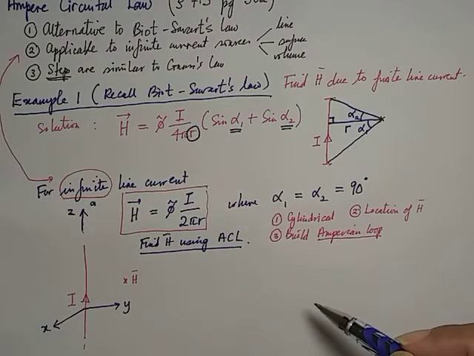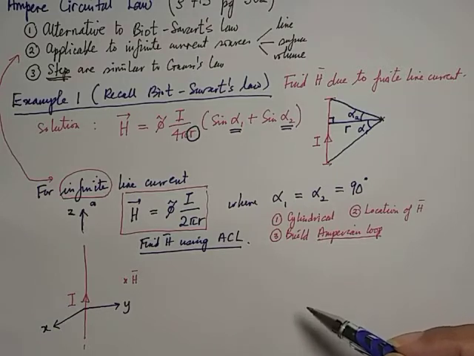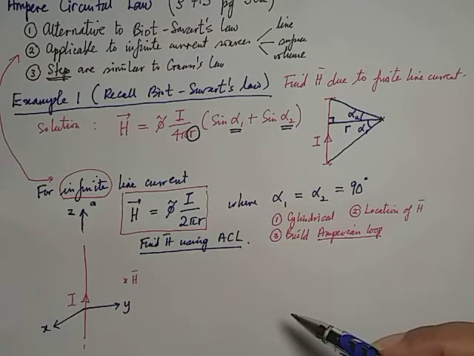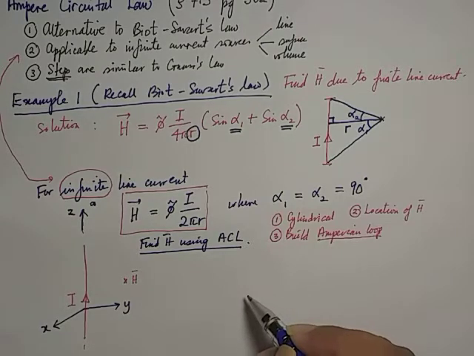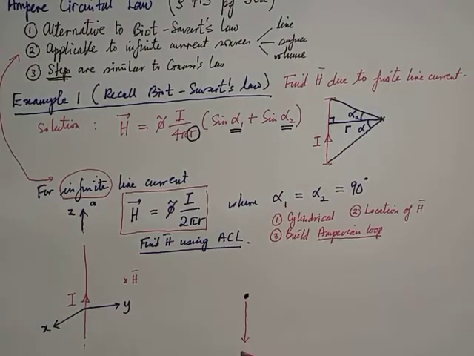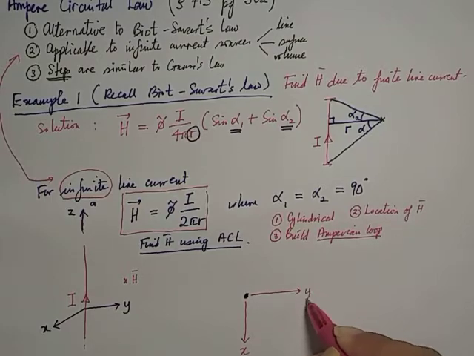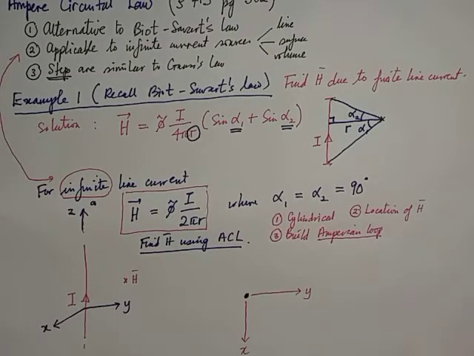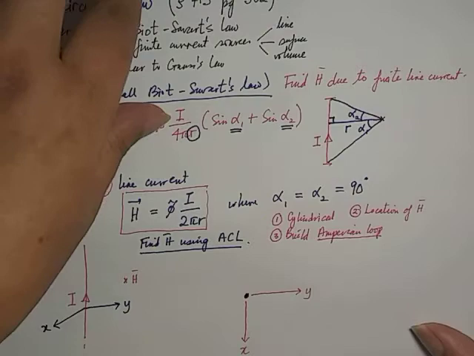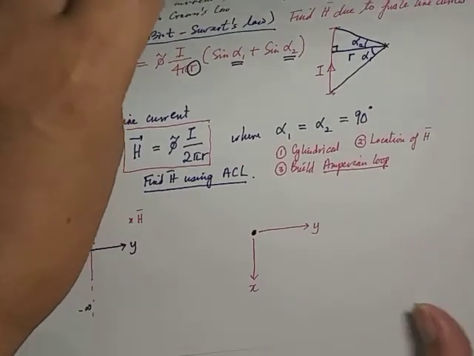So in this case, I'm going to choose that my current drawn to be coming out from my paper. So let's draw it now. So my current here is coming out. Okay, it's a dot. So therefore, I'm going to put axis now, because the axis should be x-axis, y-axis, correct? Okay, that should be my structure, my diagram.